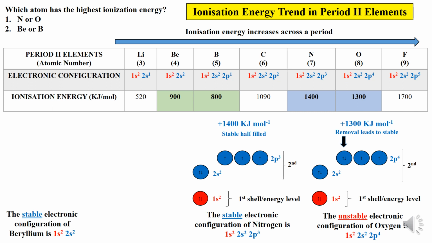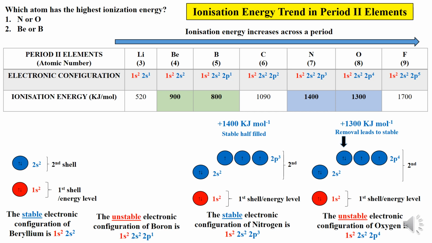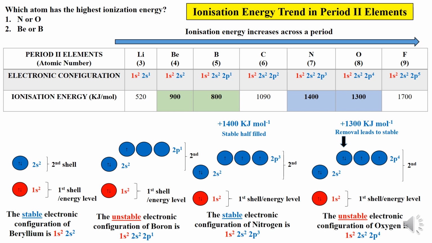Now coming to beryllium and boron. Beryllium has a stable electronic configuration of 1s2, 2s2, with both the 1s and 2s orbitals completely filled with electrons. Whereas boron has an unstable electronic configuration, where the 2p orbital is partially filled.